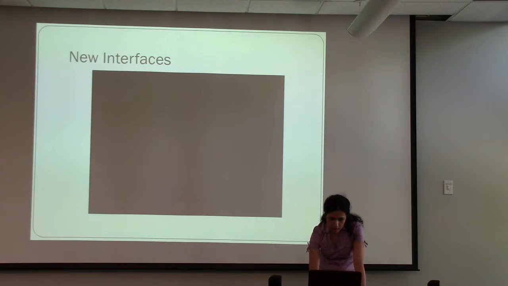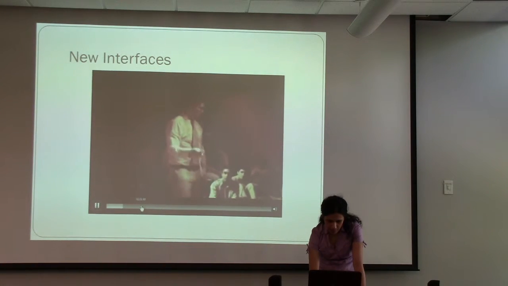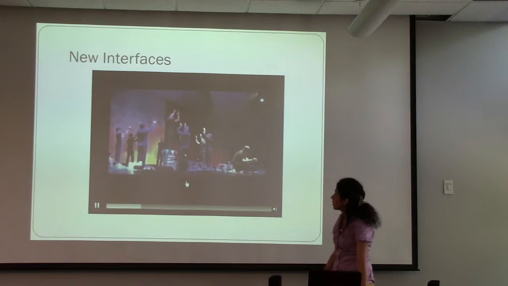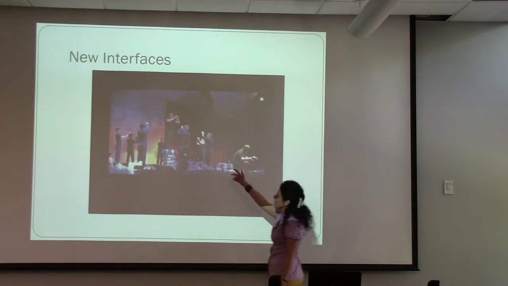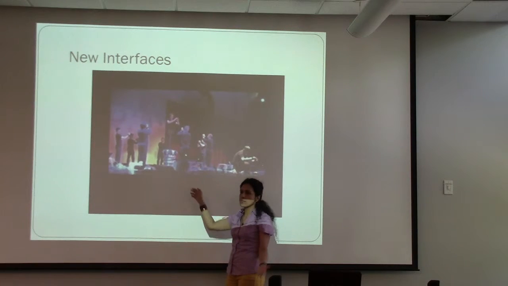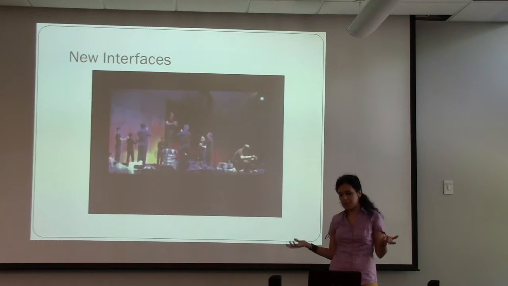So now you watch better interfaces. Some of them are crazy. See, they have sensors on their hands. They have some kind of gloves, move their hands, and try to make some kind of sound.